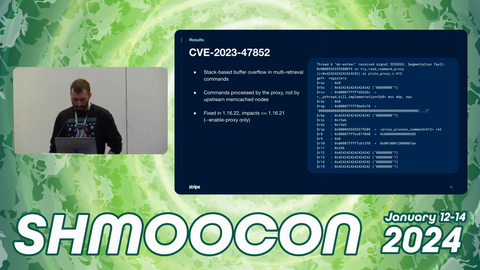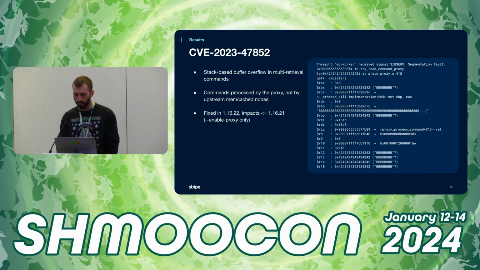One of them that was in the multi-retrieval commands, which I'll mention in a moment, was a stack-based buffer overflow, and this was a very classic memcopy into a stack-based buffer that we could push too much data into. Over here you can see, I believe, the register state at the time on a 64-bit Debian box.